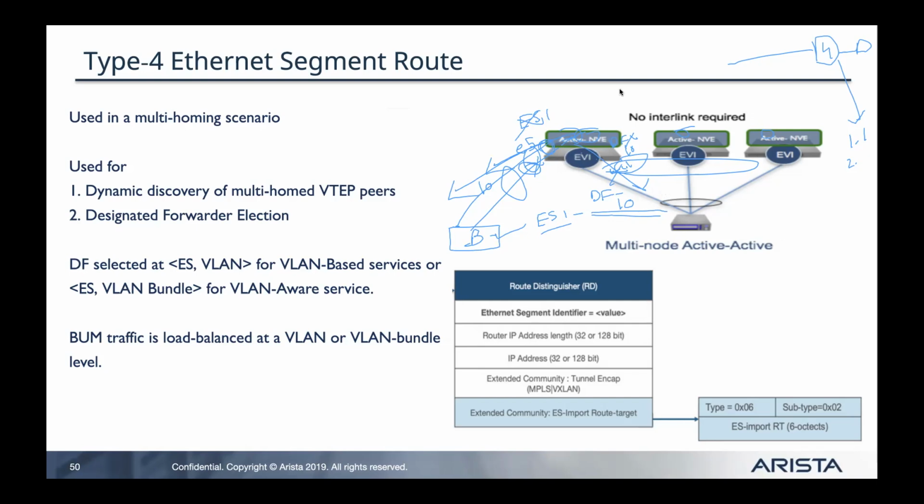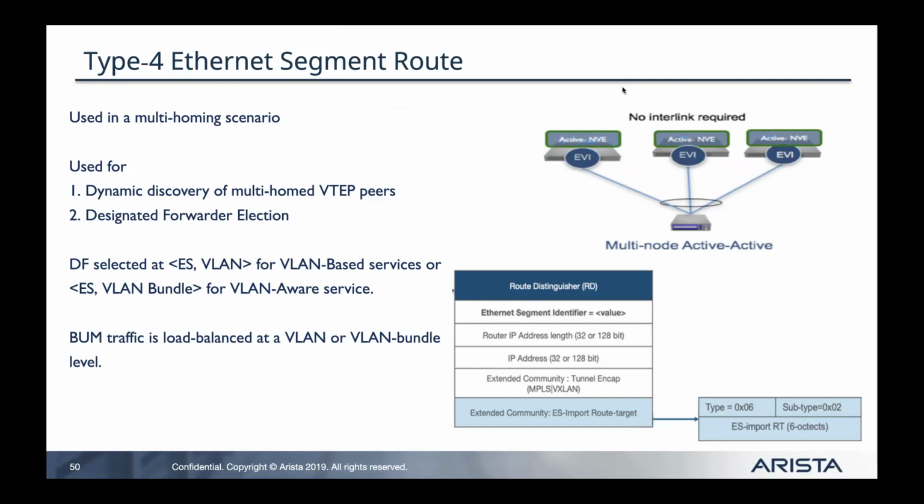So if B has to communicate to this host on port channel 10, and it is connected on a non-DF, will the ARP request go towards the spine? No, this is all local on this VTAP. This guy doesn't know who all are connected.